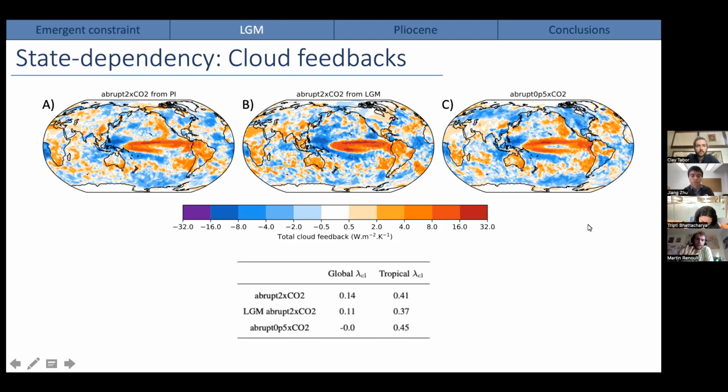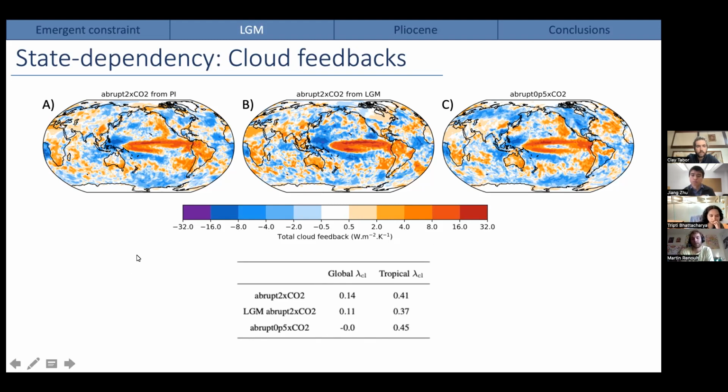When you actually calculate the value of the cloud feedback, you realize that when you halve carbon dioxide from pre-industrial conditions, you end up with a global cloud feedback that is much lower than when you double carbon dioxide, whether from pre-industrial or LGM conditions.